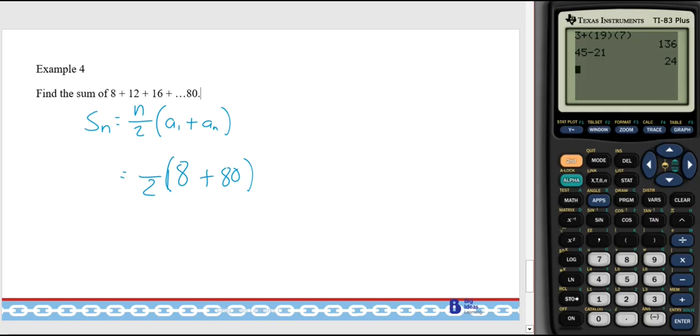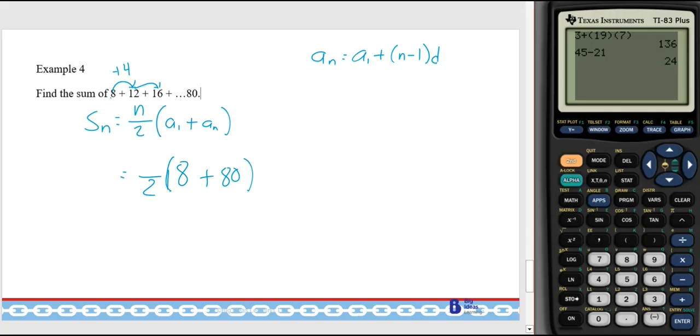So what I can do is find that common difference, right? How do I get from term to term before it's a series and it's just a sequence of numbers, right? I have a common difference of 4. So I know that to find a specific term, an equals a1 plus n minus 1 times the common difference.